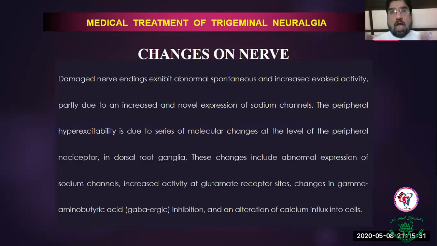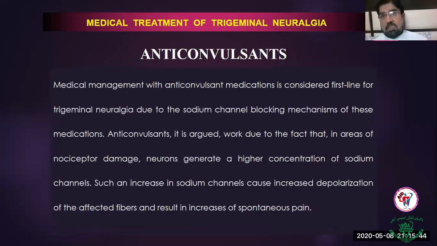So any medicine which is going to prevent these two mechanisms is going to help us in the management of trigeminal neuralgia. And what are those drugs? These drugs are actually anticonvulsants. The medical management with anticonvulsant medicine is considered the first line of treatment for trigeminal neuralgia because they are very potent sodium channel blockers.